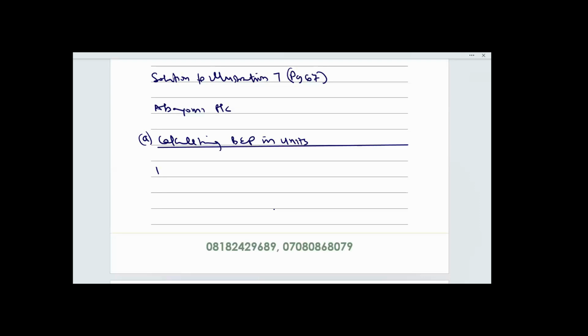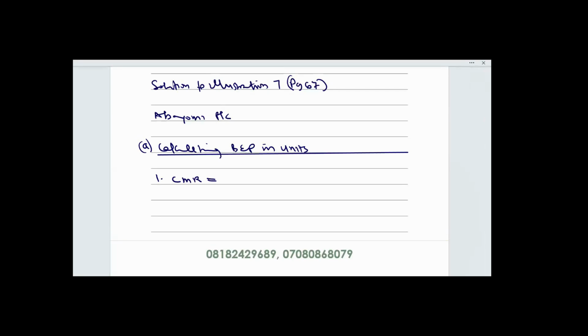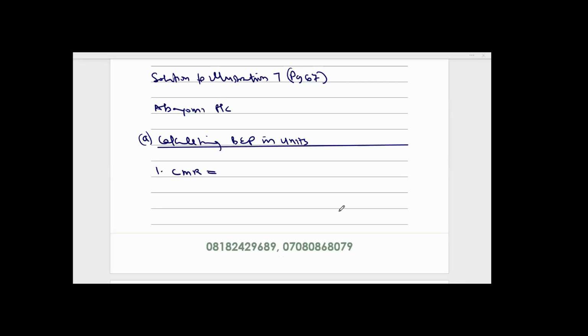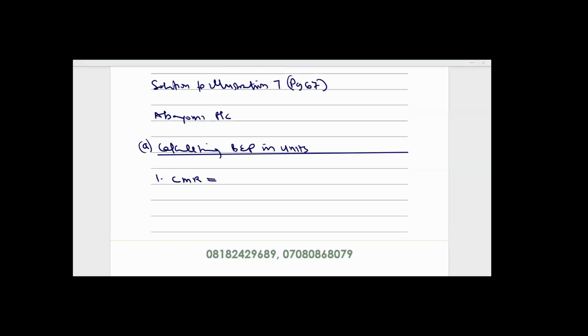The first procedure says you should calculate overall contribution margin ratio, which is the overall contribution divided by overall sales. When you go back to the question, the contribution is not given to us, but you have to calculate contribution by yourself. All right. The overall sales value is 33,600,000, but we don't have contribution.